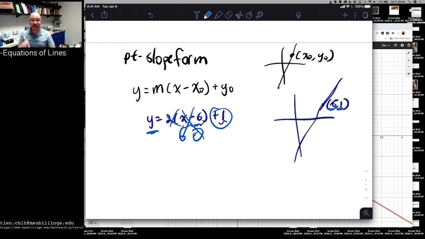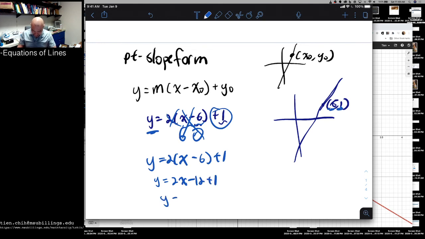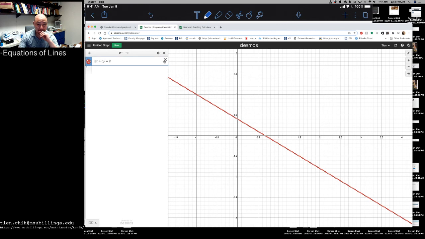Now if we wanted to see what this line looked like in slope-intercept form, we just note that I could take the point slope form and simply distribute the 2 through the parentheses here, and that gives me my slope-intercept form. So then let's take a look at what all of this would look like.